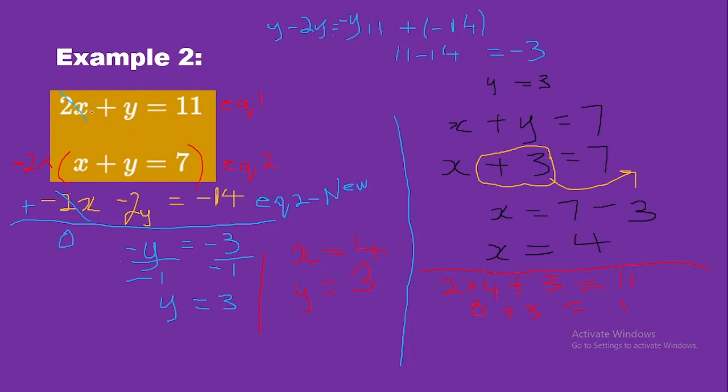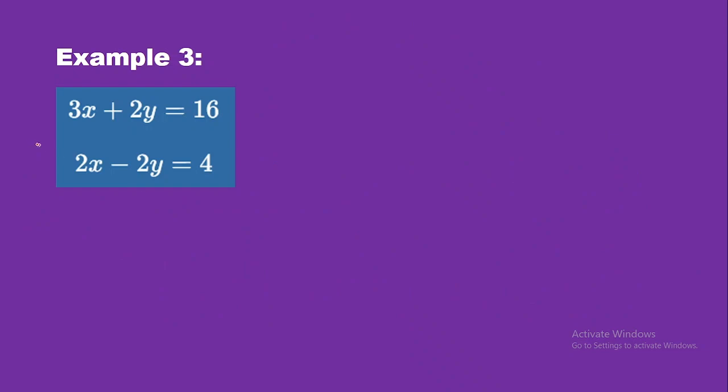So this 2x, when I add it with a -2x, will cancel out our x. So I did it just for this reason, so I could explore that step. And what do you know, we got our answer. So I am just showing you that you can work it like this too. Maths is fun. Let's look at example 3.